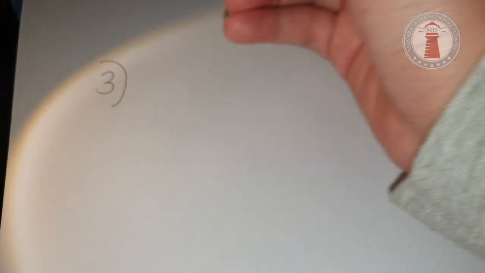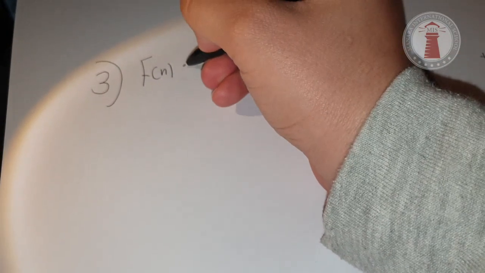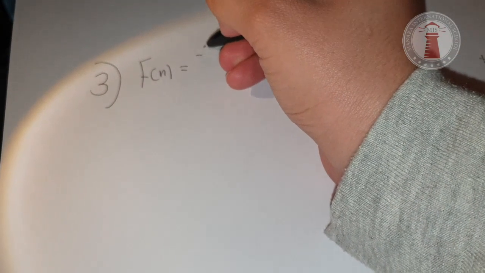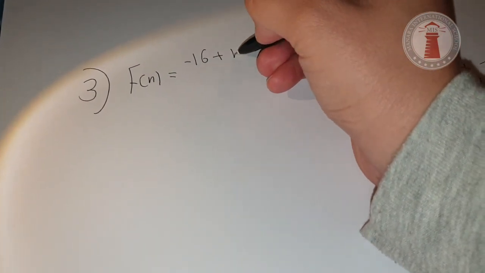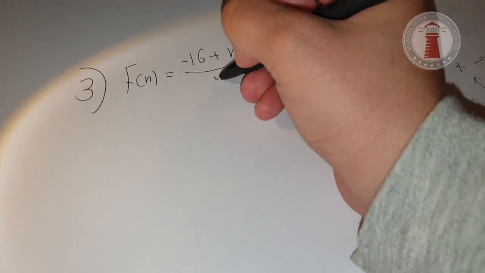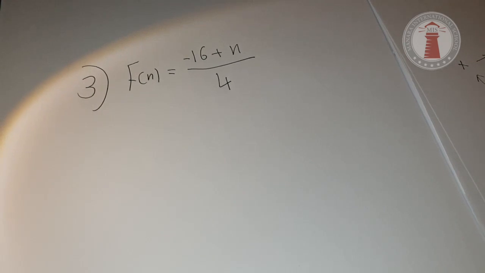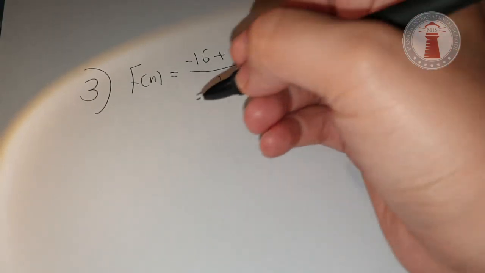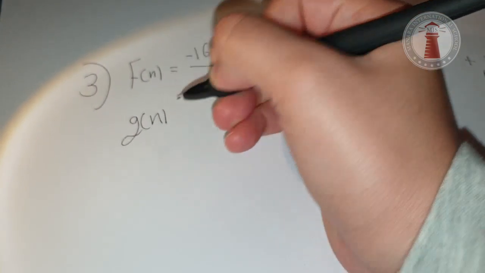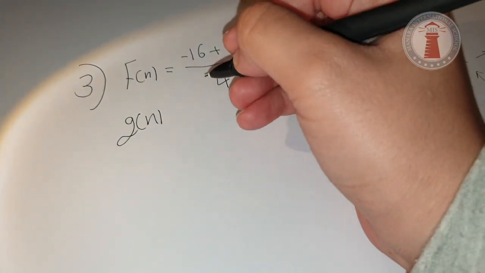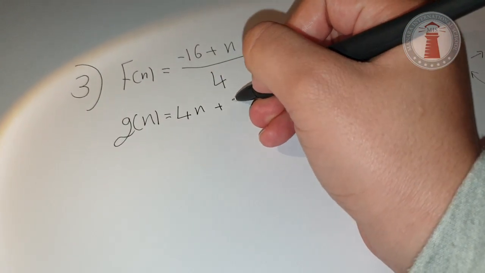It says f of n is equal to negative 16 plus n over 4. Now this is the first function, and the input here is represented as n. Then we have a second function which is called g of n. Now g of n is equal to 4n plus 16.